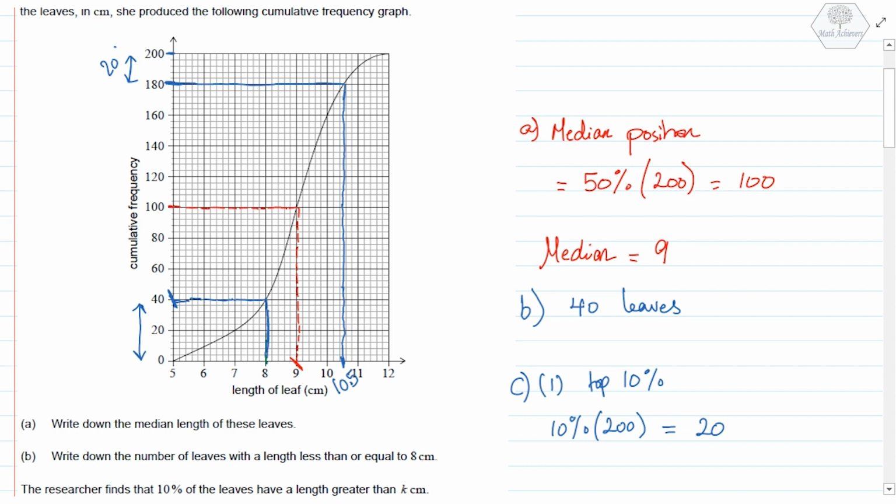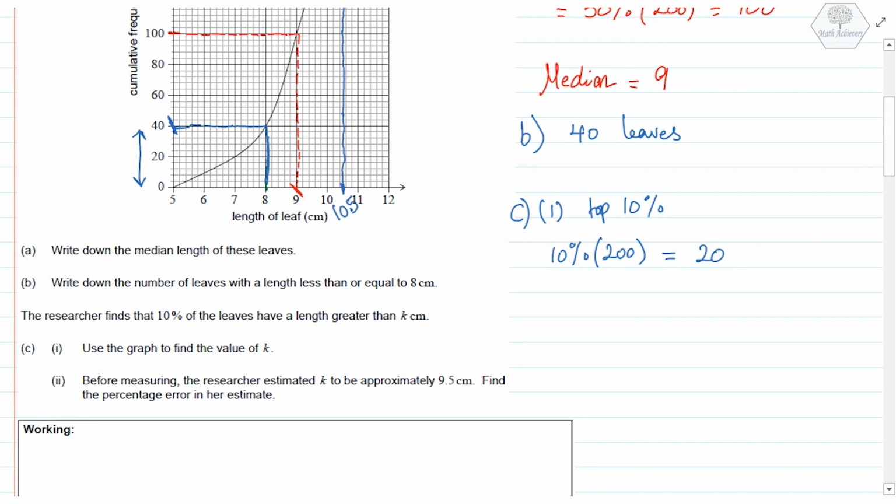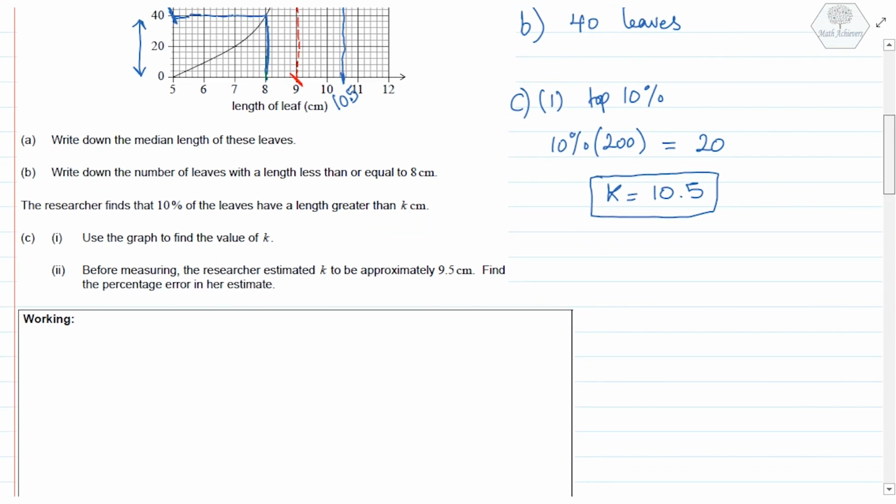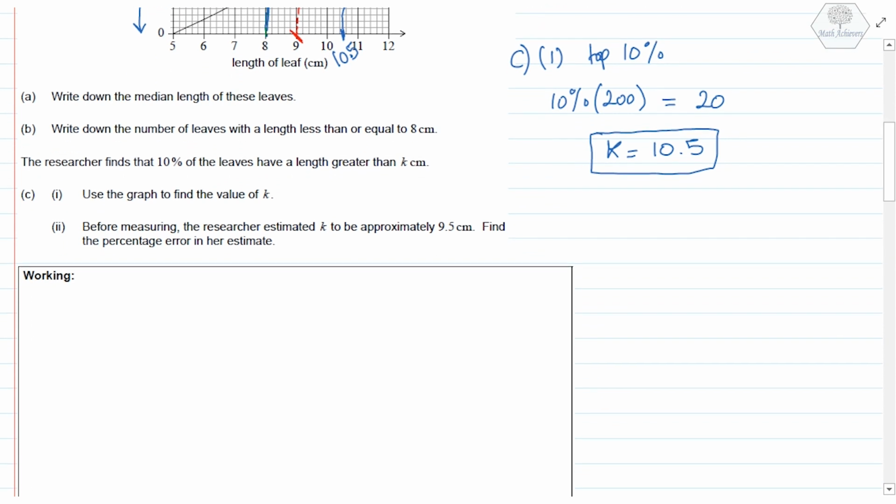So the leaves which have a length greater than K to be 10%, I'll be having the value of K equal to 10.5. This is the value of K. After that, I found the value of K to be equal to 10.5.